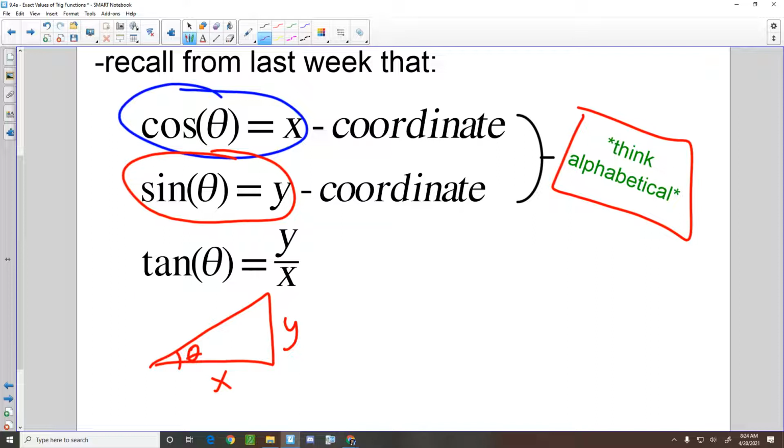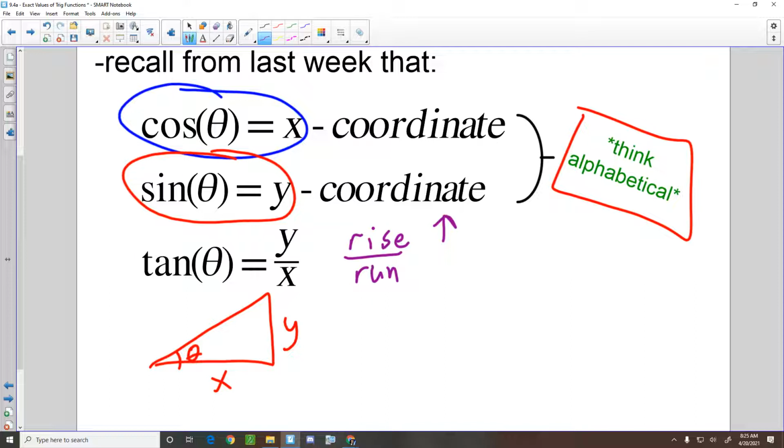Another way that I remember which value is tangent, the y or the x, which one goes on top. This has nothing to do with trigonometry, but it's just something else in algebra that we frequently use. And that is our good old slope rule of rise over run, which actually still kind of applies here as a mnemonic device in a way, because rise means up and down. And so that's like the y-coordinate.